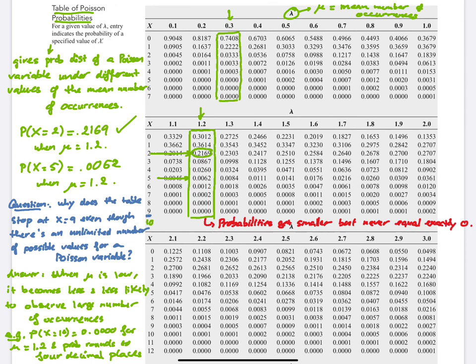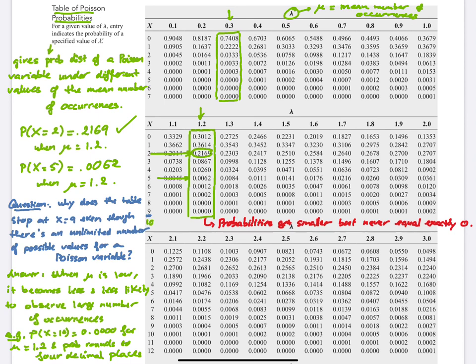In other words, probabilities can get to 0.00000005, but that's not 0. So there's a possibility that a large number of occurrences will happen, but it's just a very small value. In other words, it's so unlikely that we will consider it 0 for practical purposes.